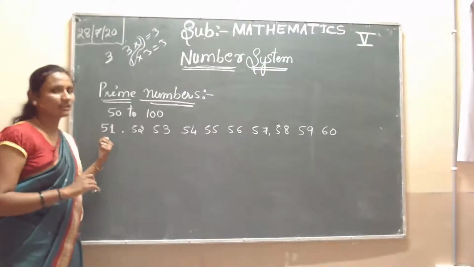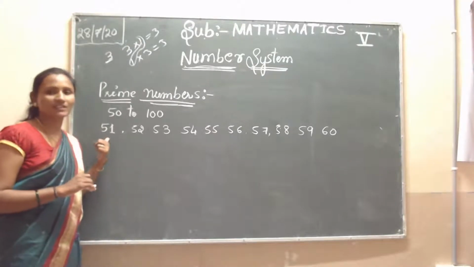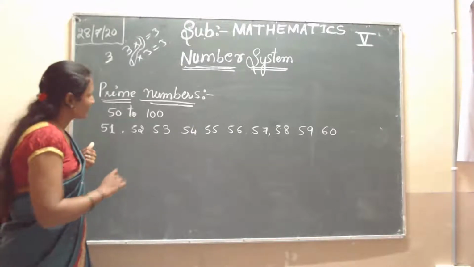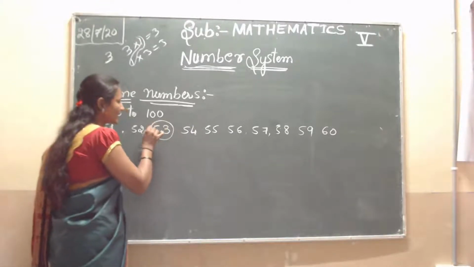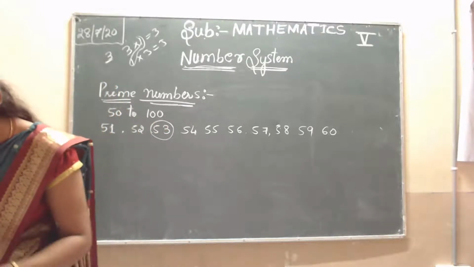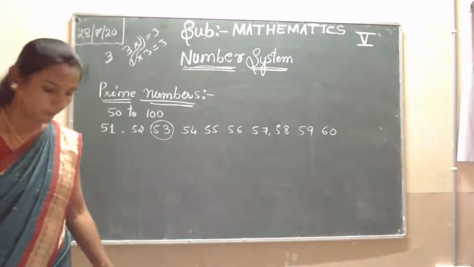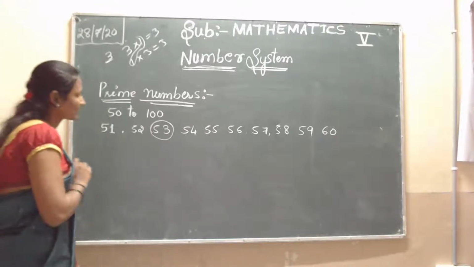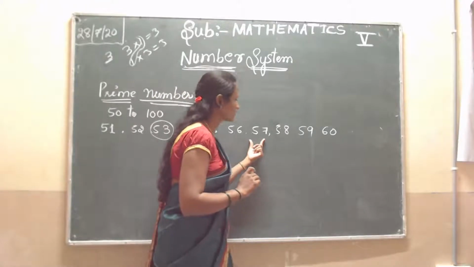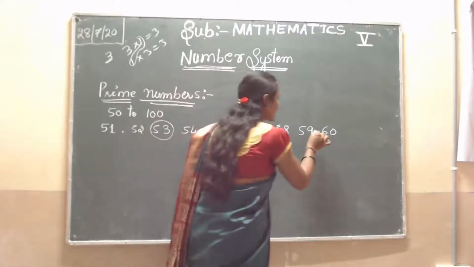51 is a non-prime number because it is divisible by 3 or 13. 53 is a prime number. 54 no, 55 no, 56 no, 57 no. 59 is a prime number.